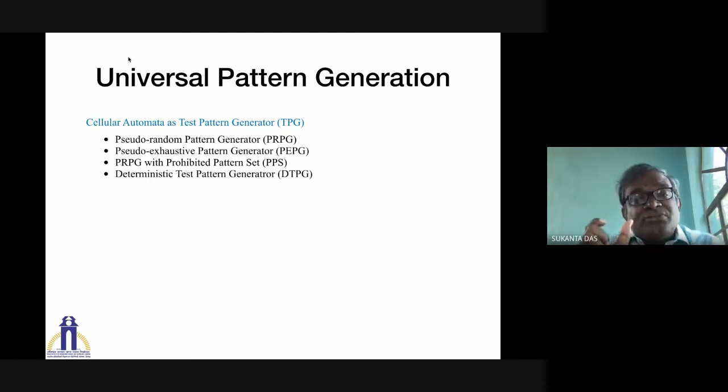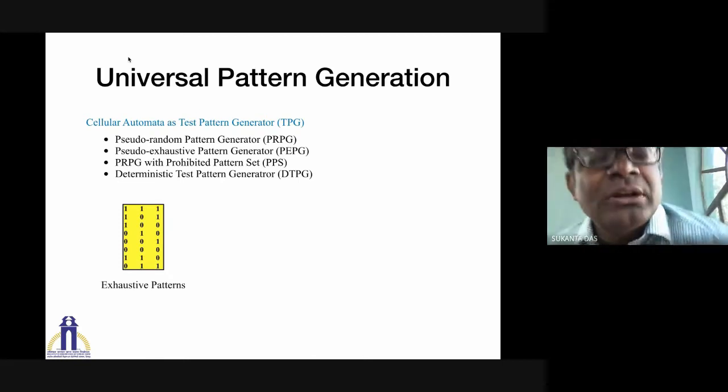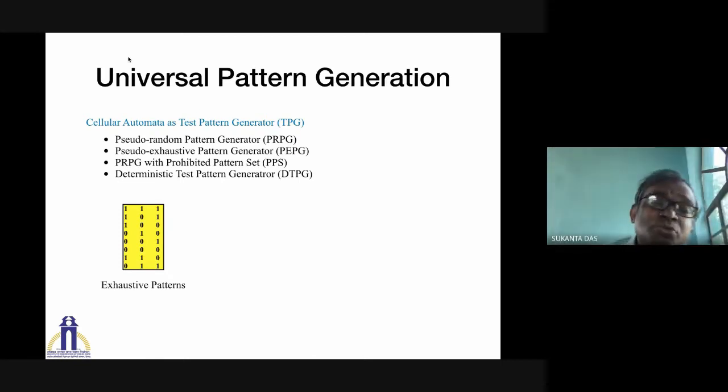So, exhaustive is pseudo. What is that? Say, consider a 3-bit circuit. So, this is the exhaustive pattern. Suppose your pattern generator is generating patterns in this way. Say your circuit is a 3-bit circuit, so three inputs are there.